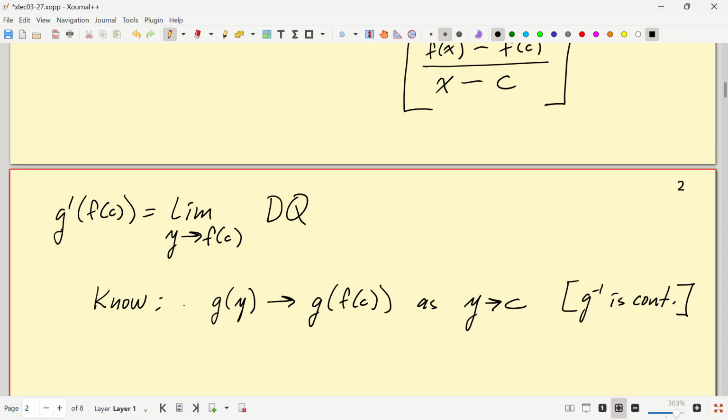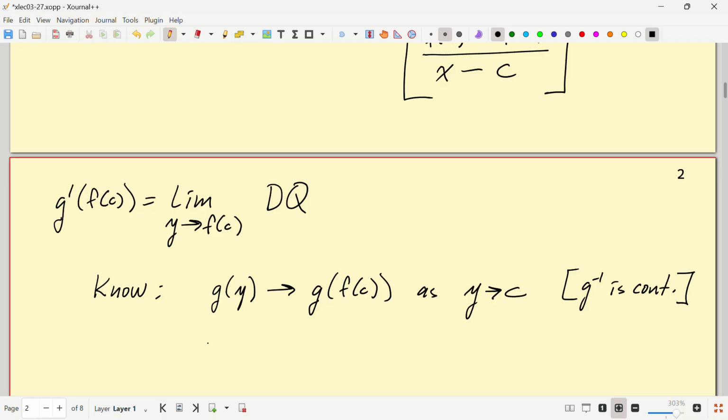Let's see, x is equal to G of y, and so that goes to G of f of c, which is c, as y tends to f of c.